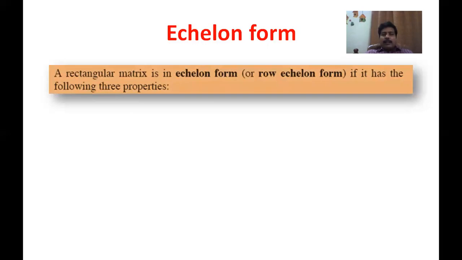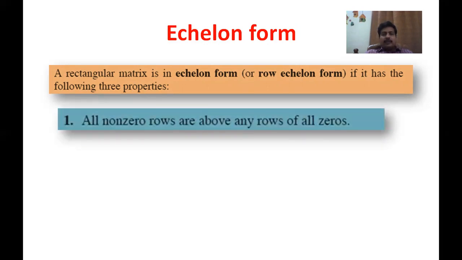A rectangular matrix is in echelon form, or row echelon form, if it has the following three properties. So a matrix is said to be in echelon form if it satisfies the following three conditions. The first one is: all non-zero rows are above any rows of all zeros.